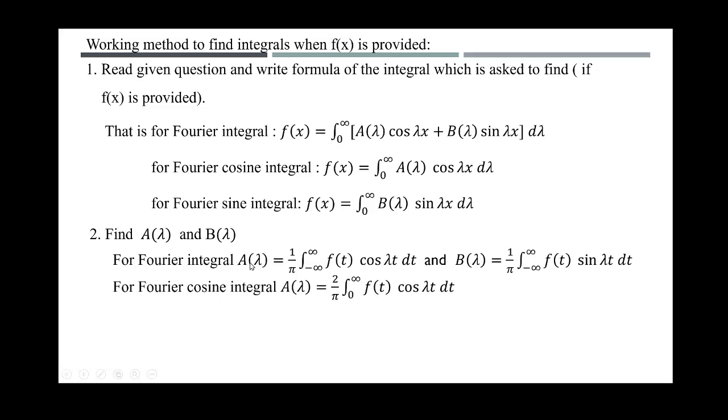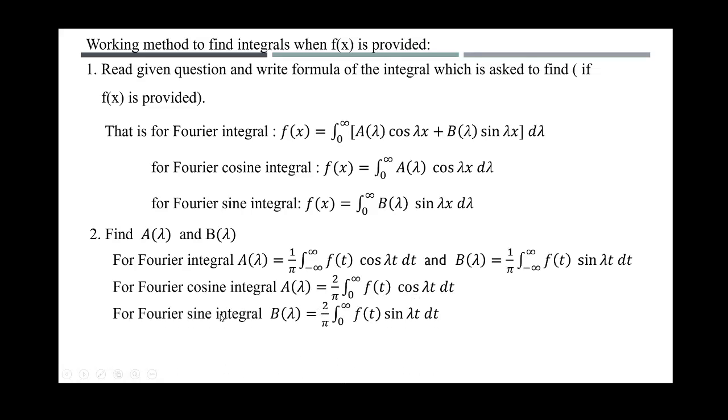For Fourier integral, a lambda equal to 1 by pi, integral minus infinity to infinity, f of t cos lambda t dt, and b lambda equal to 1 by pi, integral minus infinity to infinity, f of t sin lambda t dt. For Fourier cosine integral, a lambda equal to 2 by pi, integral 0 to infinity, f of t cos lambda t dt.